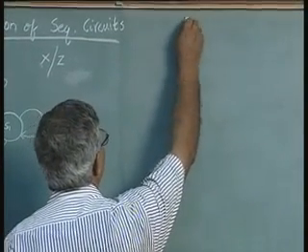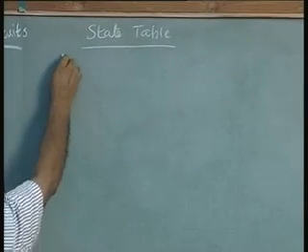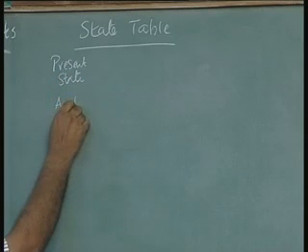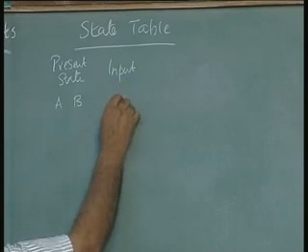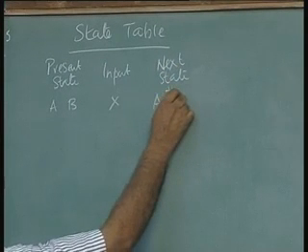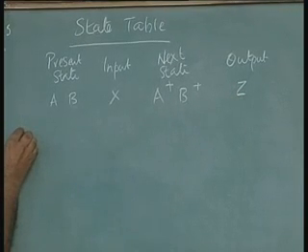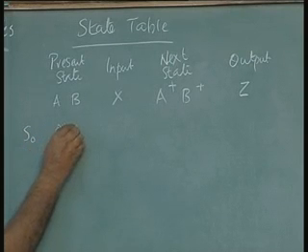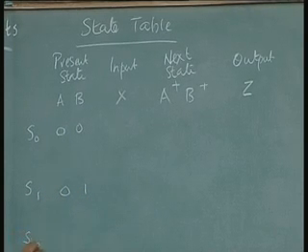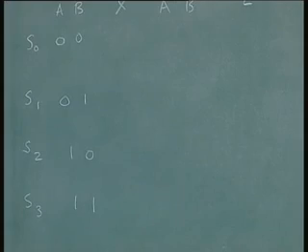The state table: the present state variables are A and B, as I said, input is x, next state variables, output z, and there are 4 present states: S0, 0 0, then S1, 0 1, S2, 1 0, S3, 1 1, and from this state graph we can write the state table.